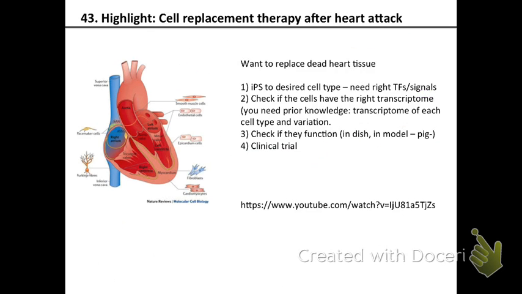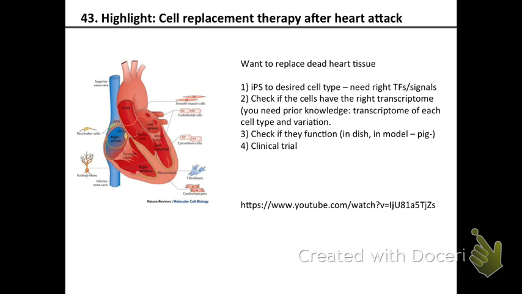All right, so this is the last slide. You can also use this kind of technology, which we need to do, for cell replacement. For example, when patients have a heart attack, some of the cells in the heart die, so you want to replace these cells. But you want to replace these cells with the right cell type, right?